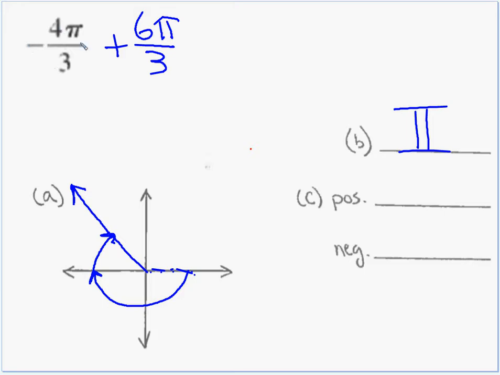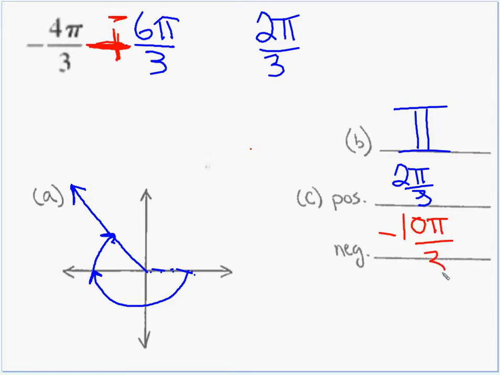So now if I add a negative 4 plus a positive 6 pi, I'll get 2 pi over the common denominator 3, and there is my positive coterminal angle. To find the negative coterminal, we would just turn this into a minus. We would subtract the two angles. Negative 4 minus 6 more. It's like adding the opposite. So that would be negative 10 pi over 3. Negative 10/3 pi.